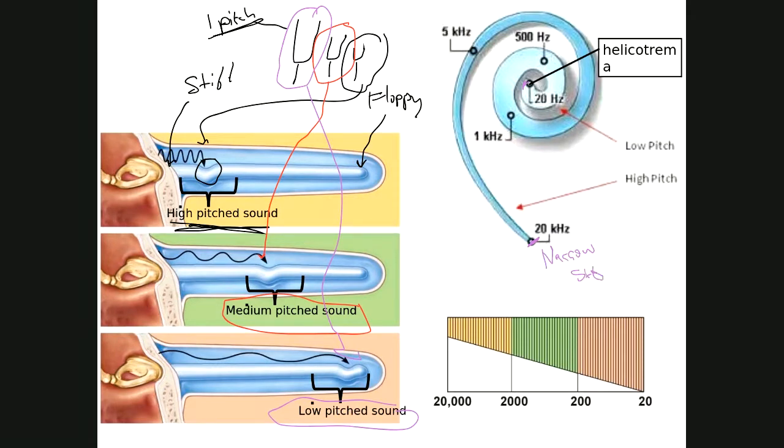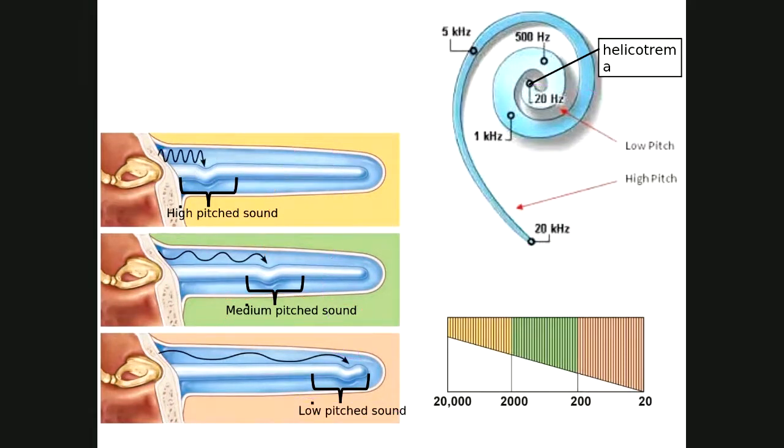And right here at the helicotrema is where it's wide and floppy. Remember, it's not straight, this one, it's curled up, but it's exactly the same. So this is this. This is this. And then here are the sounds.